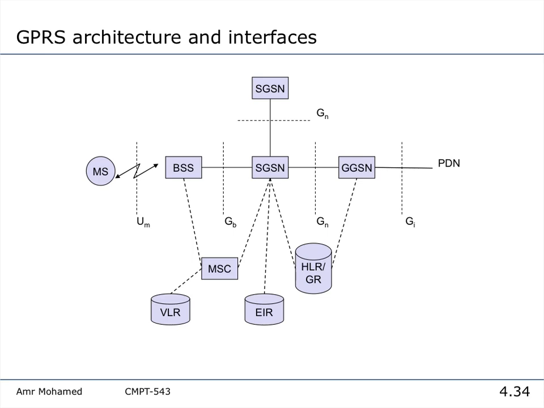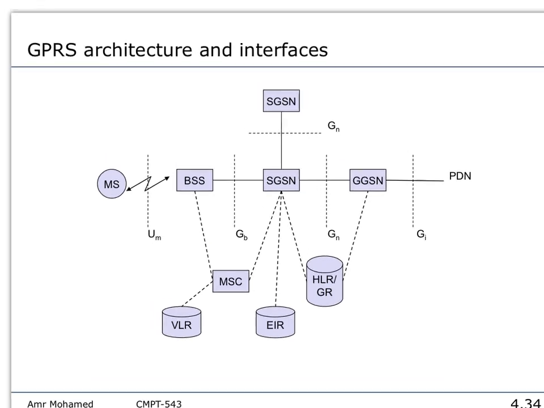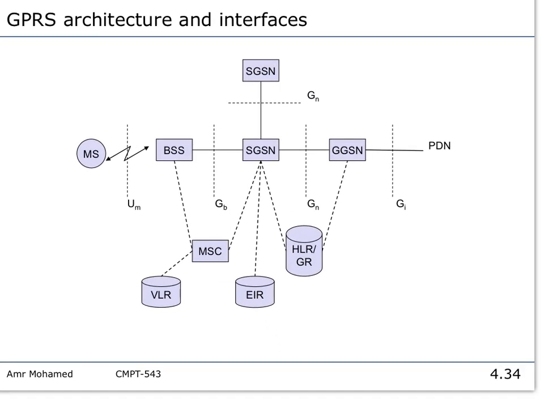So we talked about the architecture, and we tried to match and correlate this with the architecture of GSM. The architecture here combines the packet switching services and interfaces together with the MSC and the old architecture components.